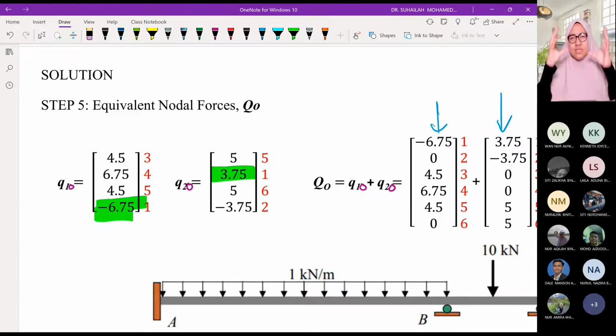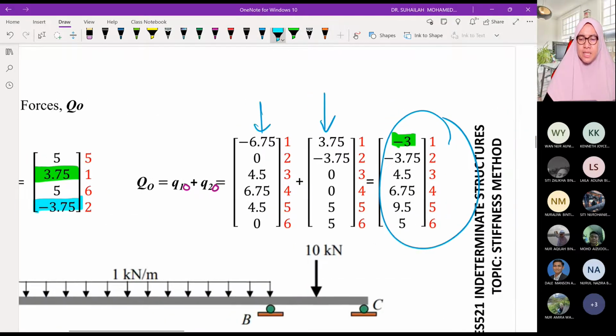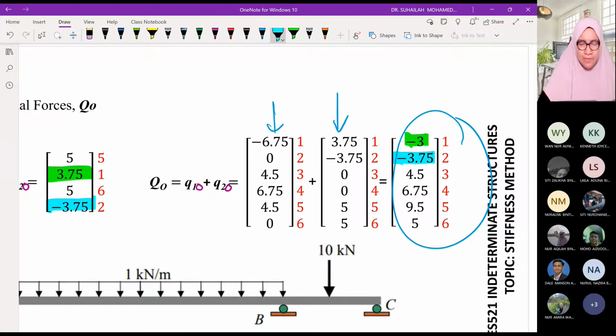Because this is for the structure, for the whole, it must be in order. Position number 2. Where is position number 2? Okay. Negative 3.75. In K2 not only. Negative 3.75. Okay. Simple, like K just now. One by one, we get 6 values.